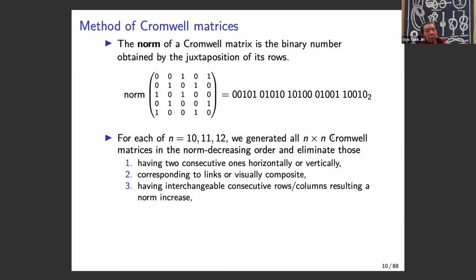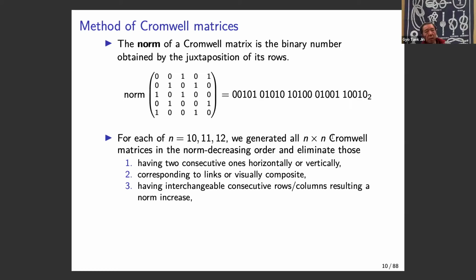And when you have interchangeable consecutive rows and columns, resulting in a norm increase, this is the change corresponding to either planar isotopy or Reidemeister 2 move.